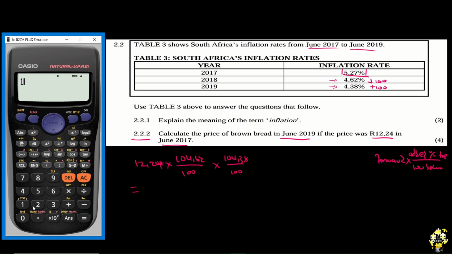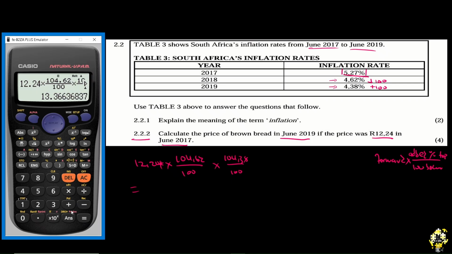And now we can do this. 12.24, not 21.24. You multiply it by 104.62 divided by 100. Again, you multiply it by 104.38 over 100.